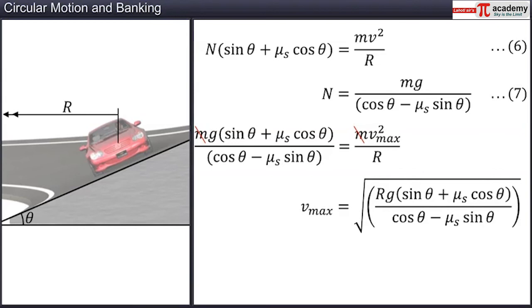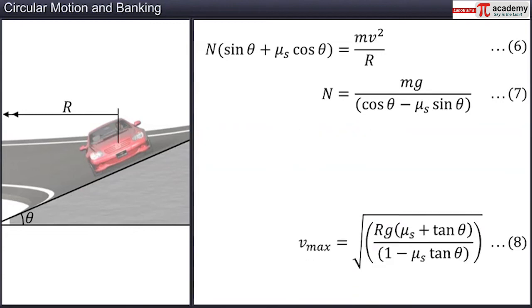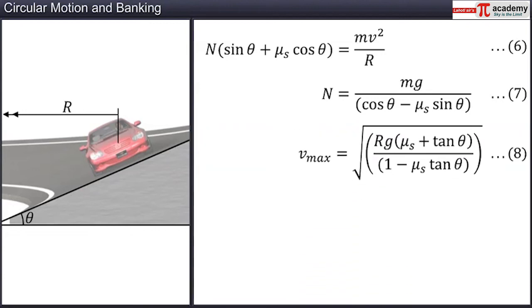Now, dividing all the terms on the right-hand side with cos theta, we get equation 8 as shown. If the frictional force is negligible, the maximum velocity, Vmax, is equal to the whole root of rg tan theta.